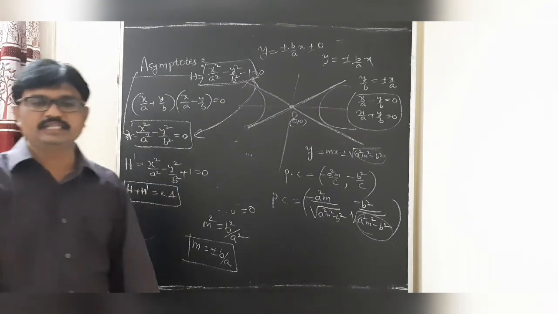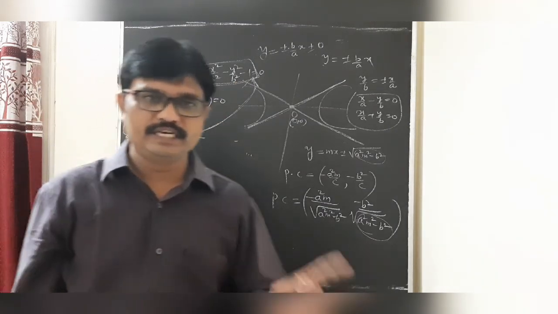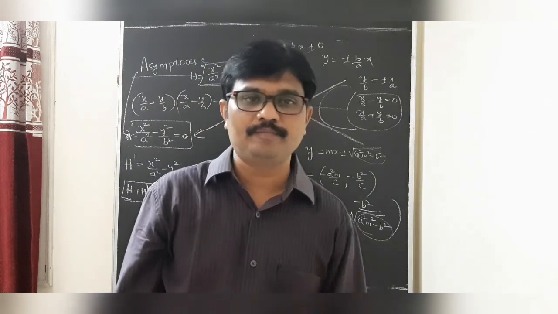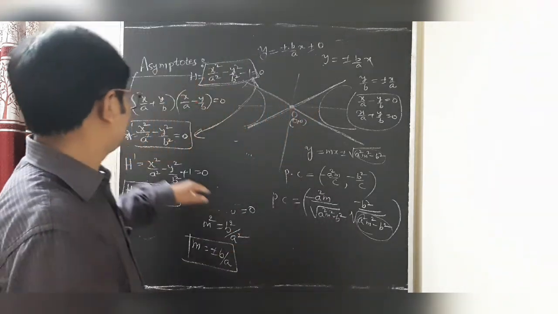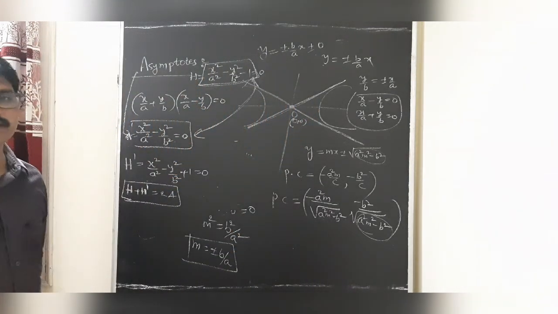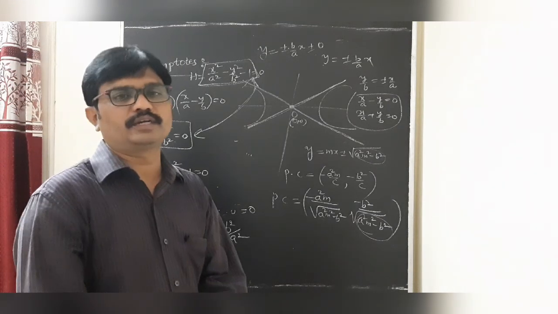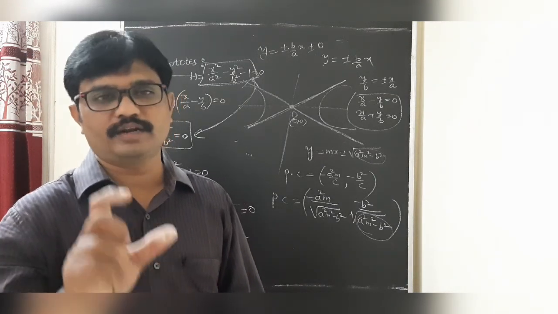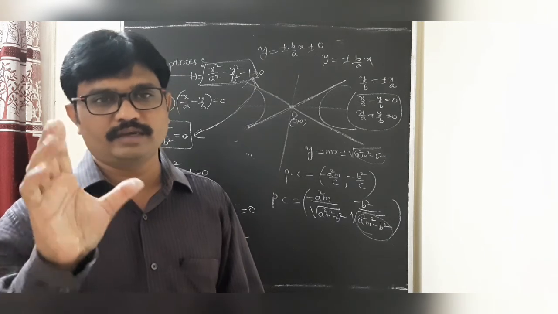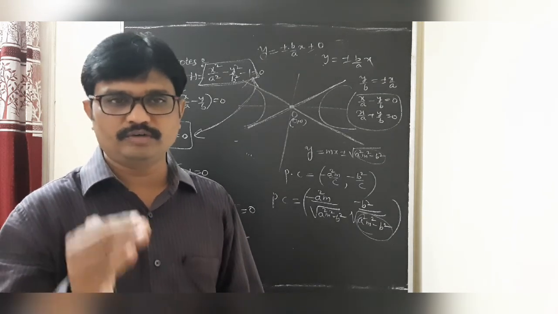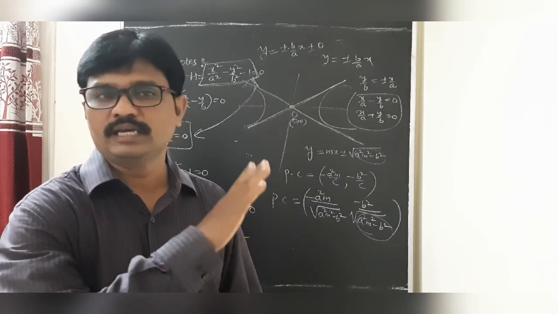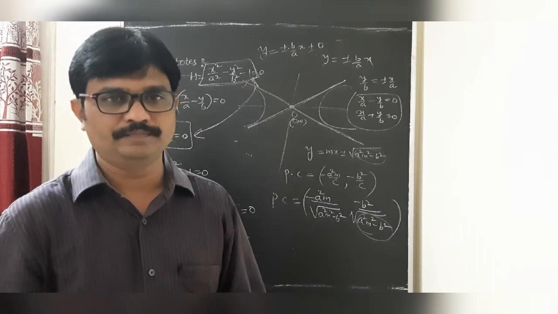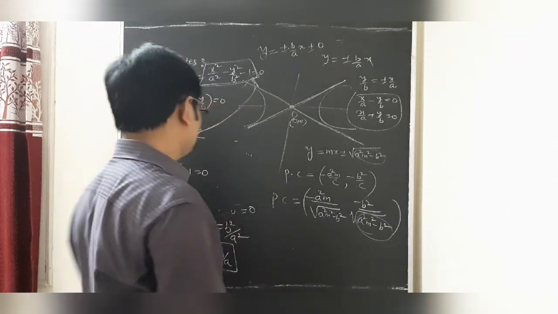Okay students, H is the hyperbola, H dash is the conjugate hyperbola, and A is the equation of the asymptotes. What is the observation? The asymptotes and the hyperbola differ only by a constant. The asymptotes always pass through the center of the hyperbola.